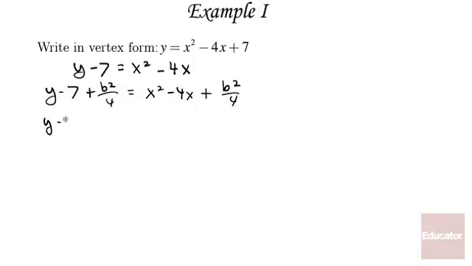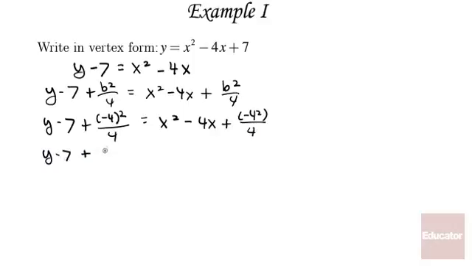And here, b is negative 4, so this is going to be negative 4 squared over 4 on the left, equals x squared minus 4x plus negative 4 squared over 4. Simplifying, this gives me 16 over 4.